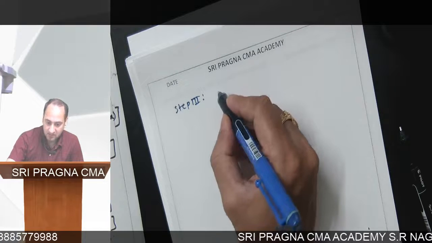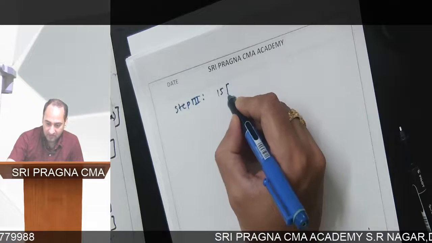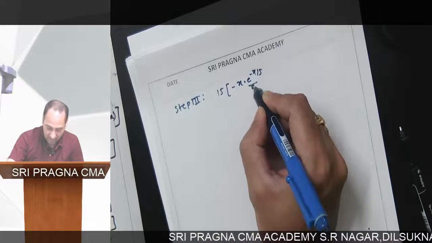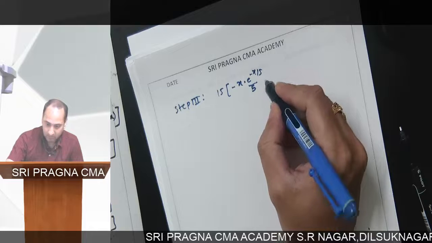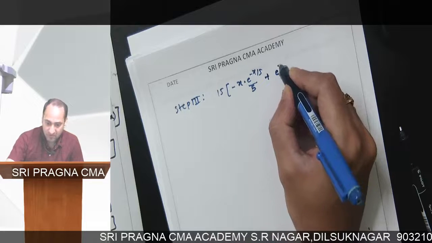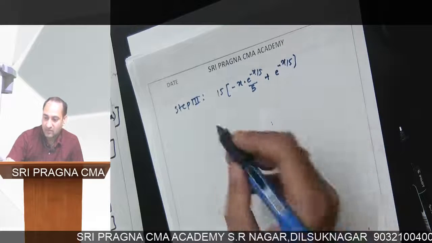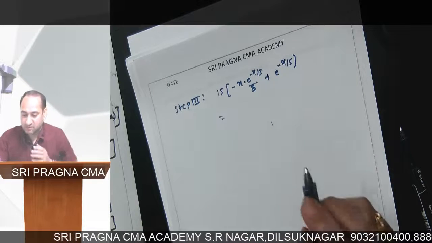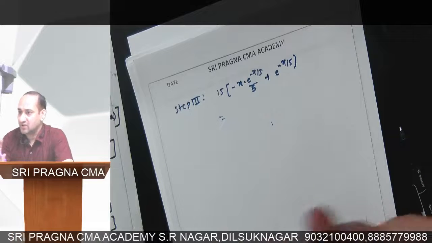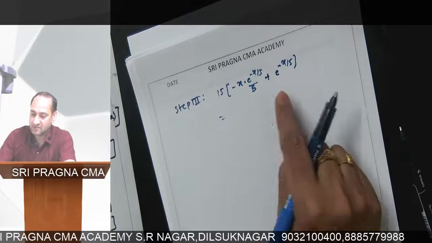Let me take this step only: 15 minus x e to the power minus x by 5, by 5, plus e to the power minus x by 5. I am checking, some minus plus problem might have happened. Okay, the concept is same, so in solving there may be some problem.